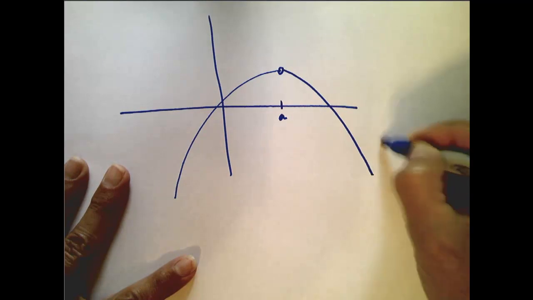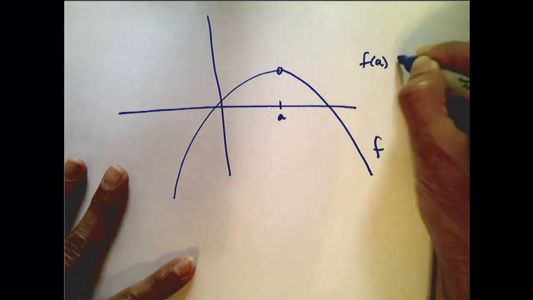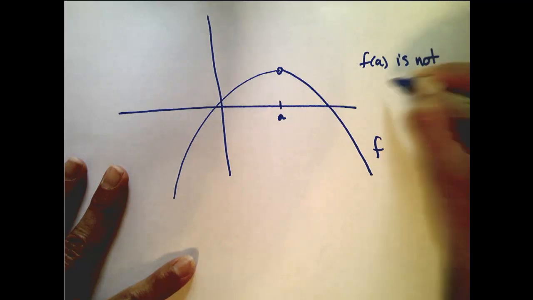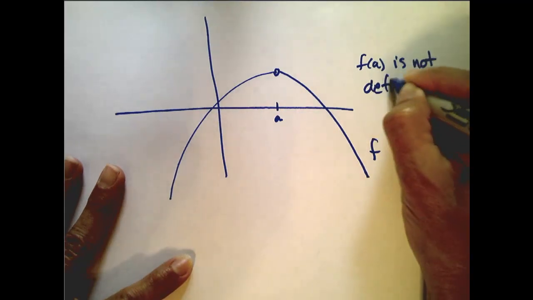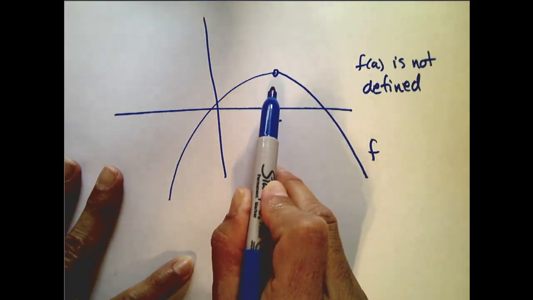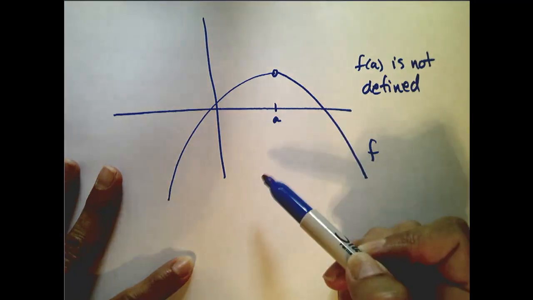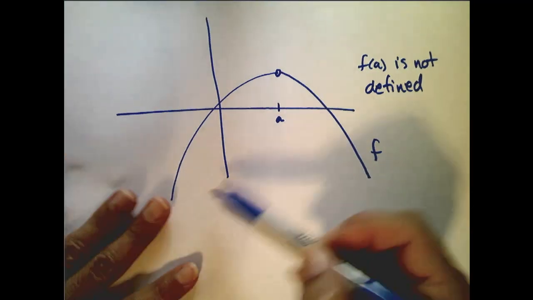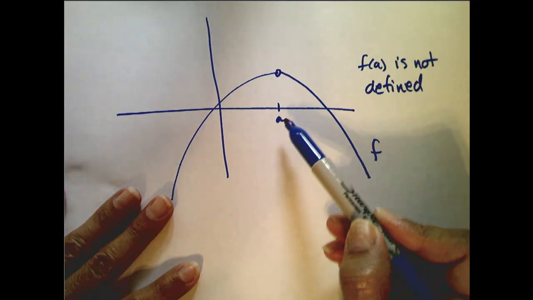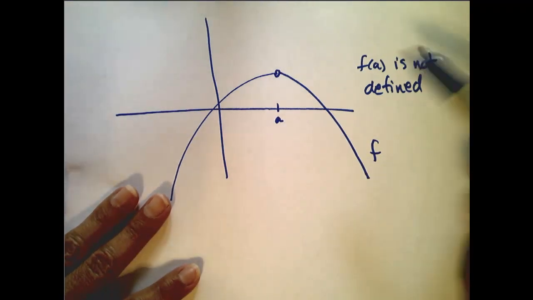Maybe this is the graph of f. Here f of a is not defined, and as you see, there is a break in the graph. There's the hole in the graph. If I gave you this graph, you would answer that this function is not continuous at a, and we can also reconcile it with our definition. f of a is not defined.